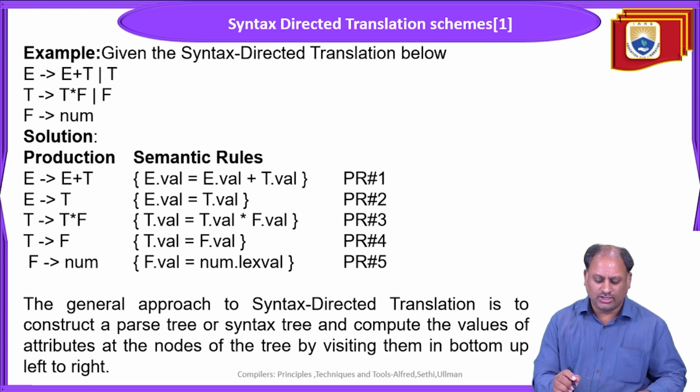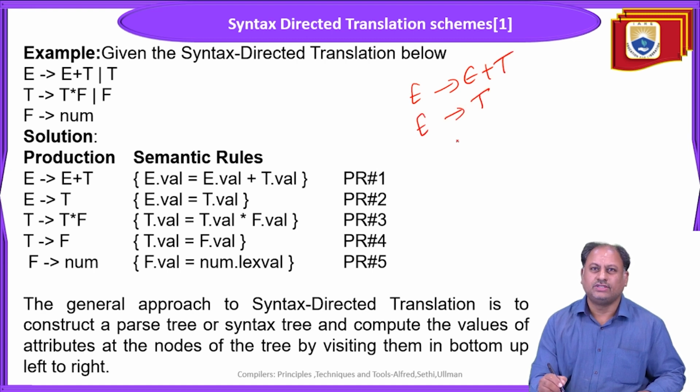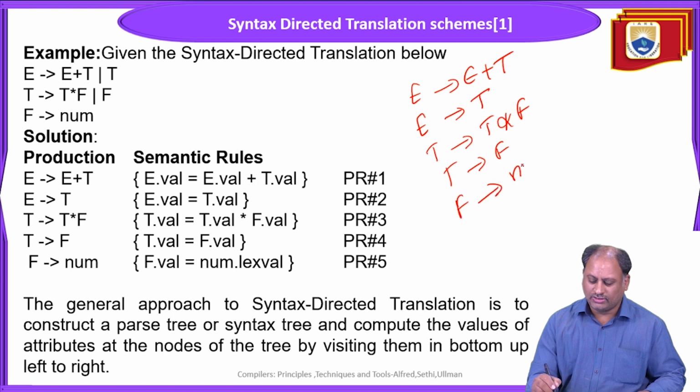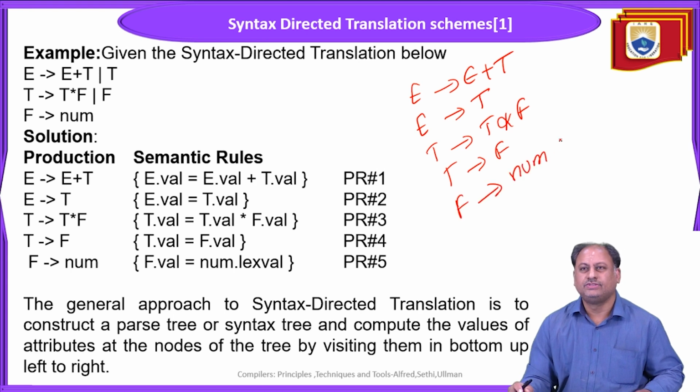The given grammar contains E derives E plus T, as the second rule E derives T, the third one is T derives T star F, another one is T derives F, and finally F derives num.